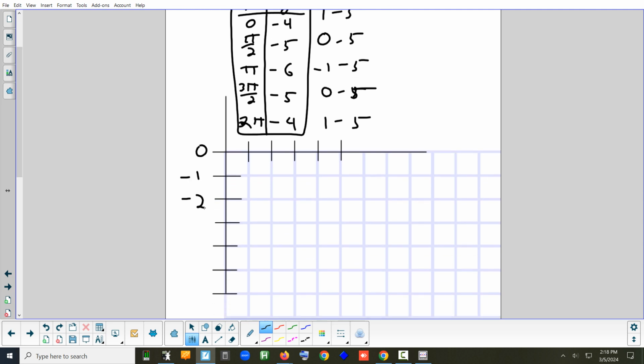So this will be 0. And the x's, I can put the labels right below the axis because I know my graph is going to be way down this time. So this is 0, pi over 2, pi, 3 pi over 2, 2 pi.